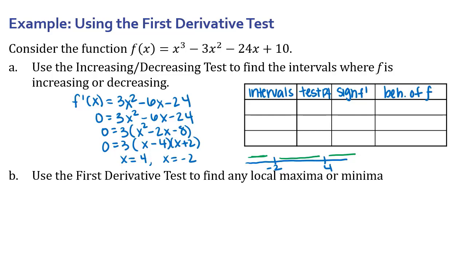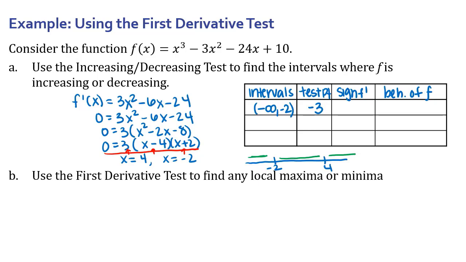So let's look at this first. That first interval is from negative infinity to negative 2. If we choose a test value in that interval, we could use negative 3. When I substitute negative 3 into the first derivative, and I usually look at it in factored form, you get 3 times negative 3 minus 4, which is negative 7, and negative 3 plus 2 is negative 1.